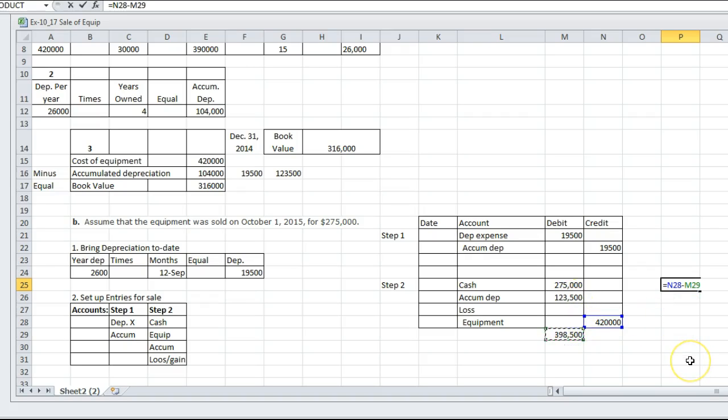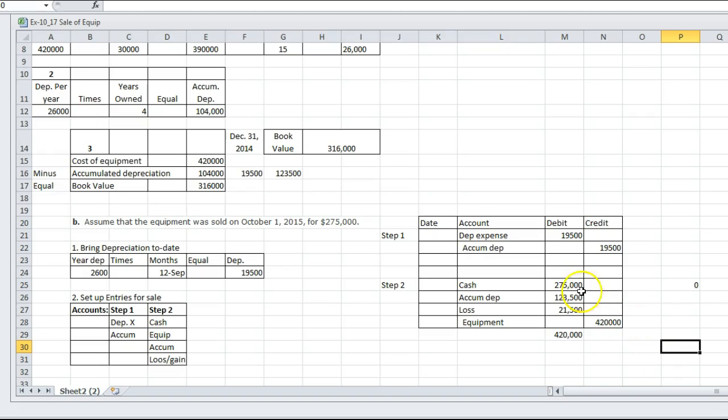I'm going to the wrong place. It gives us $21,500. And that is how you would figure a loss.